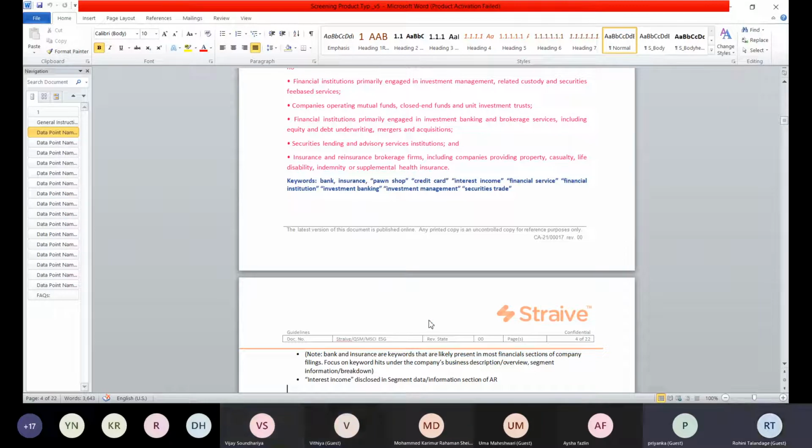One more thing I can say is, like I said about credit card, Rahman explained about credit card. There is a difference between providing the credit card to their customers and to their employees. If they are providing that credit card facility to their customers, they are generating some revenue from that. But in case they are providing that credit facility to their employees, they are not getting any revenue from that.